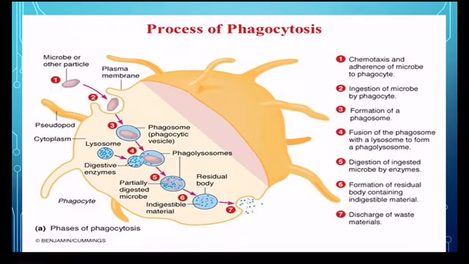Now the phagocytes should recognize the pathogens. For this recognition, the phagocytes recognize specific conserved motifs which are present on the microbes, bacteria, fungi, parasites. Those conserved motifs are called PAMPs.